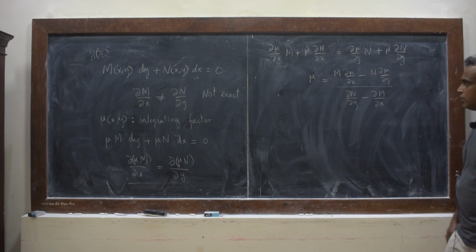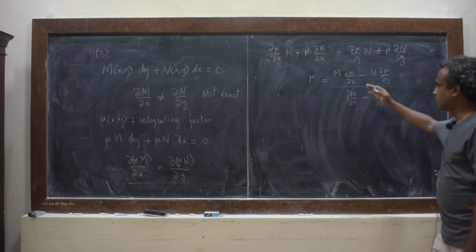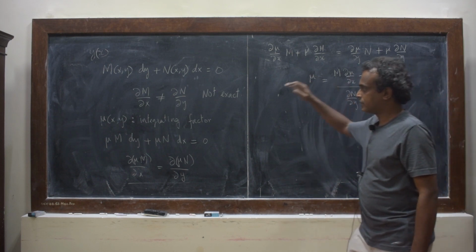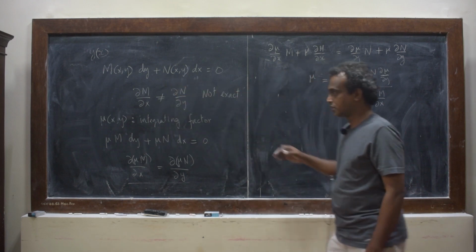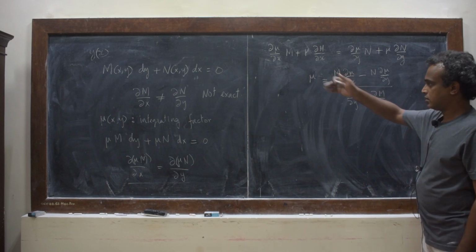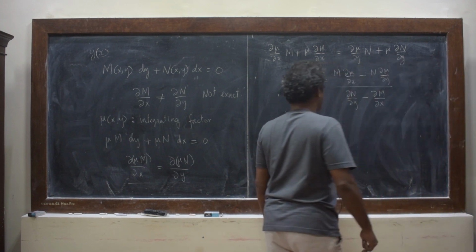So, if mu is of this form, then certainly we should be able to multiply the given differential equation with such a mu and obtain the solution for that differential equation.